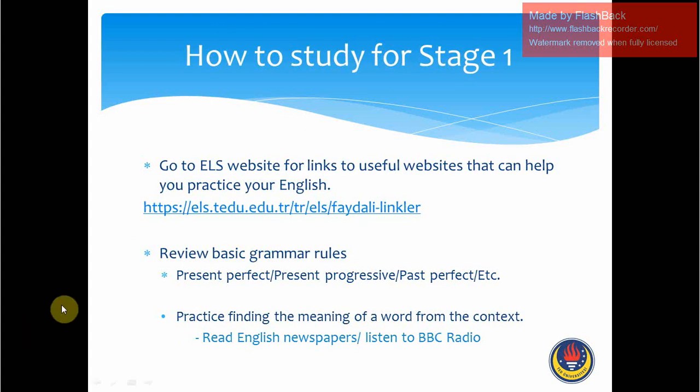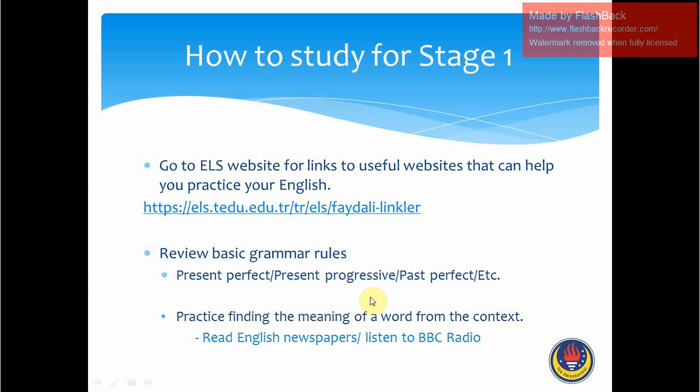Here are some strategies on how to study for stage 1. We have this wonderful useful links website. If you go through TEDU, go into English Language School, and then click on useful links, there's a whole list there that you can use to help you study. Try to review basic grammar rules: present perfect, present progressive, past perfect.